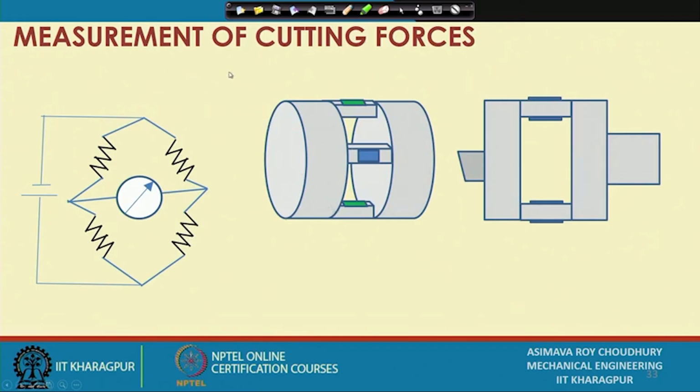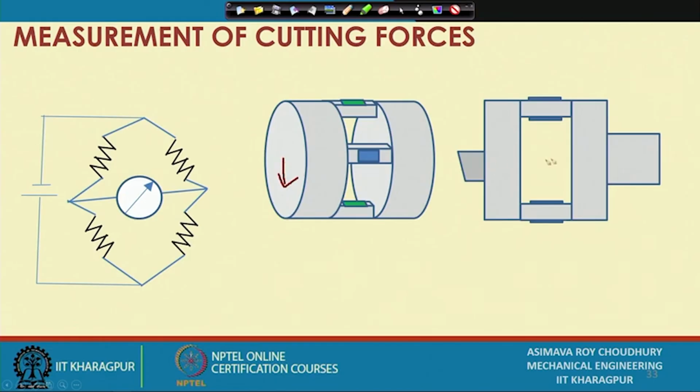So if I apply a force downwards, we will observe that all these will be bending as beams with the neutral axis somewhere here, due to the moment caused by this downward force.